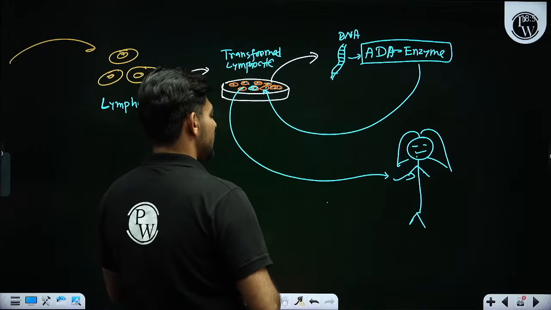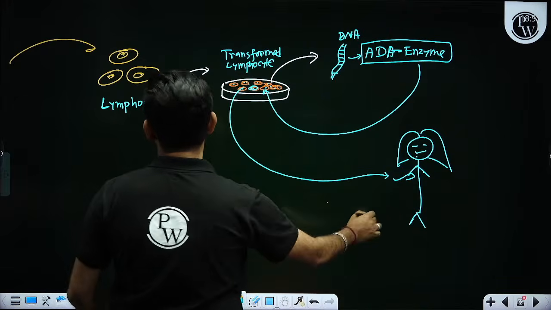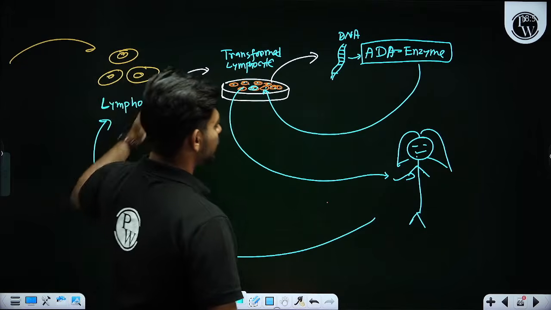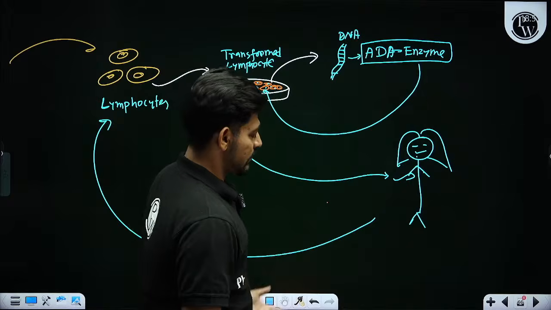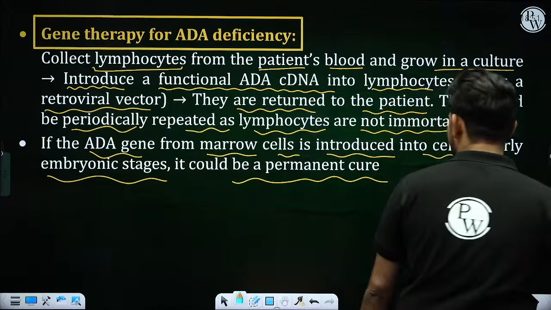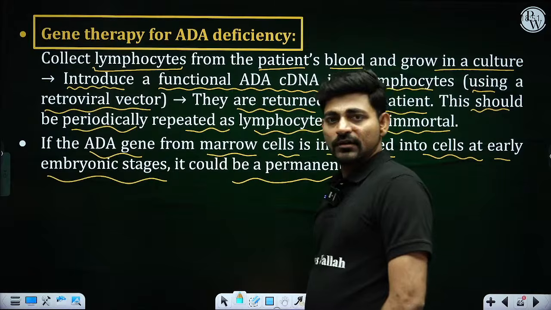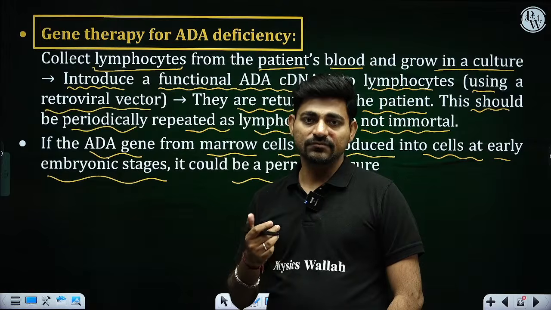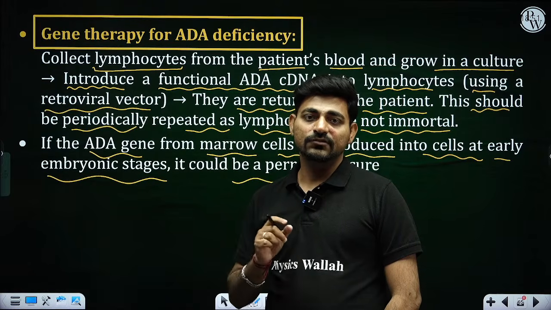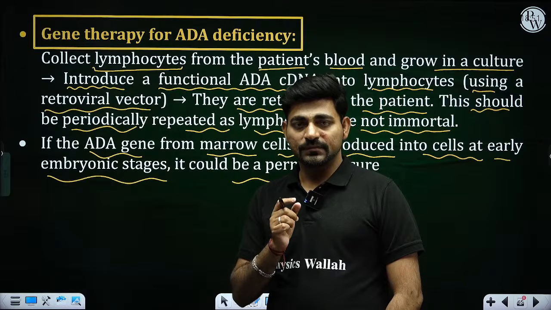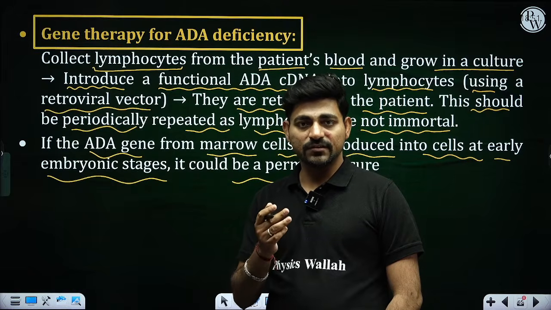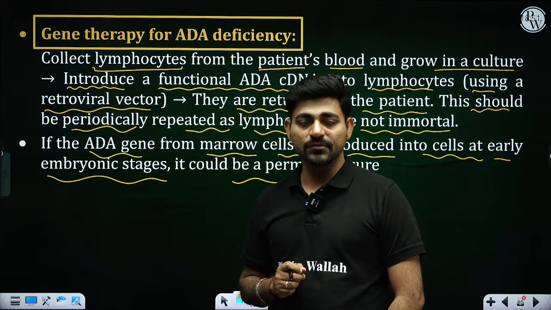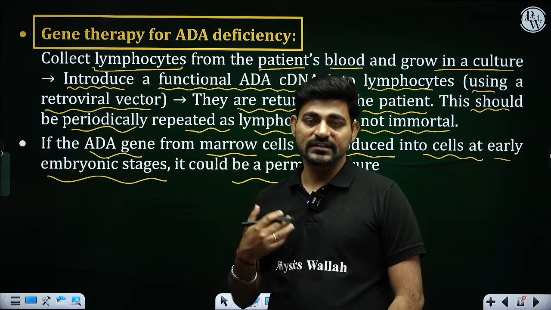And after some time, after few days, again you have to take lymphocyte from her body and you have to perform the same thing and you have to keep on doing it again and again. And if you want permanent cure, then during the time of embryonic developmental phase of that child, you know, there are techniques, you can get to know whether that fetus growing inside the mother's womb is having any sort of genetic disease or not.